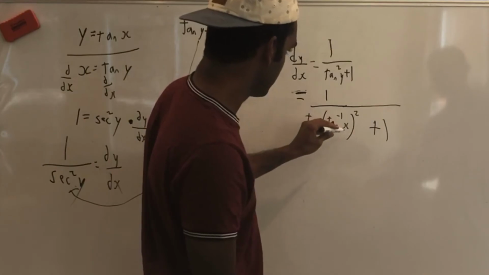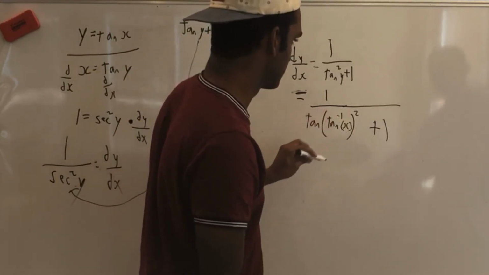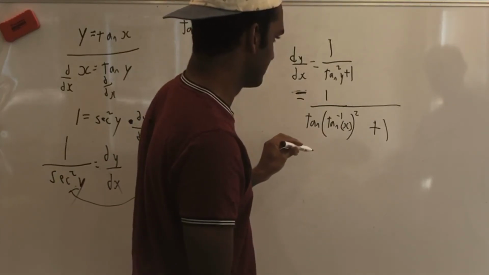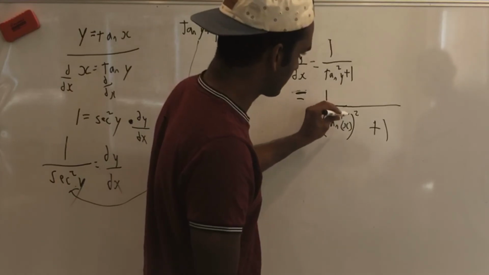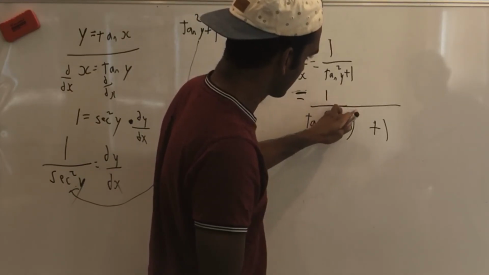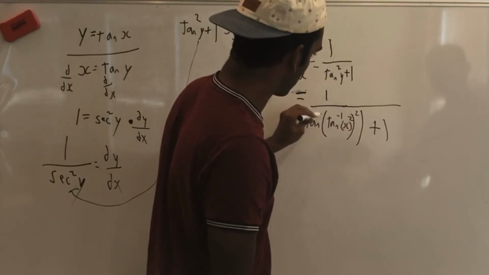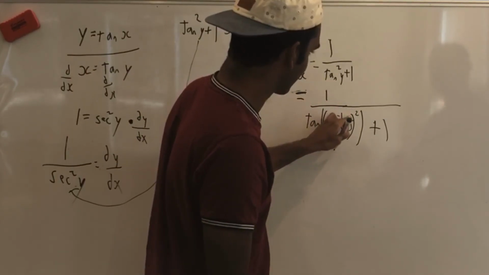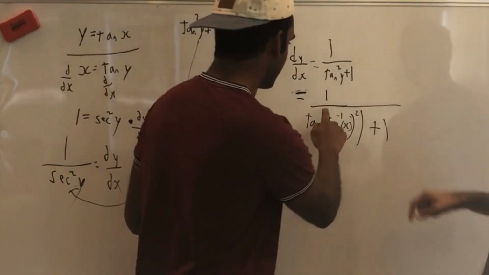We need a parenthesis right before the 2, because we're squaring that entire thing. If you don't, it looks like you're just squaring the input. The entire thing squared.